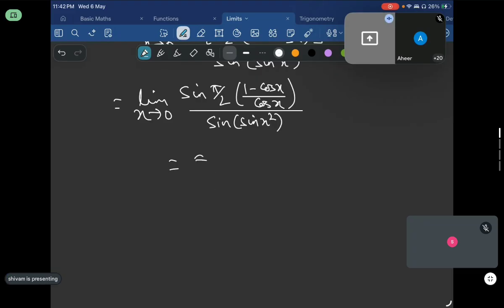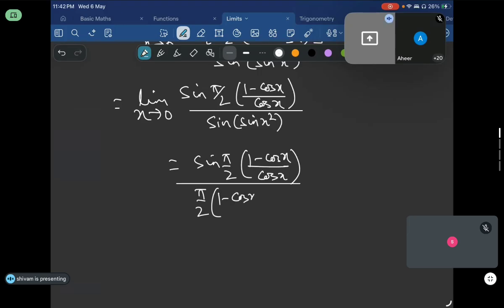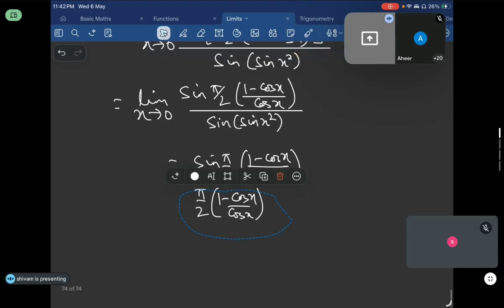Sine of pi by 2 into 1 minus cos x upon cos x. We need to divide it by pi by 2 into 1 minus cos x upon cos x. Okay, now since we have divided by this, we have to multiply by this. Same thing.